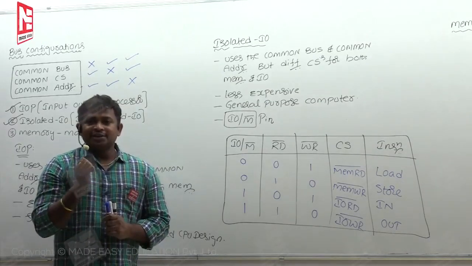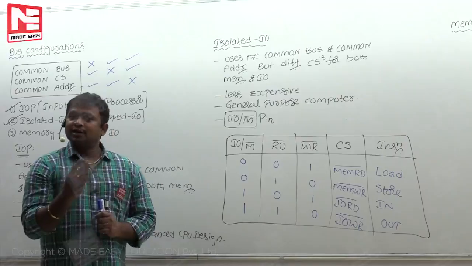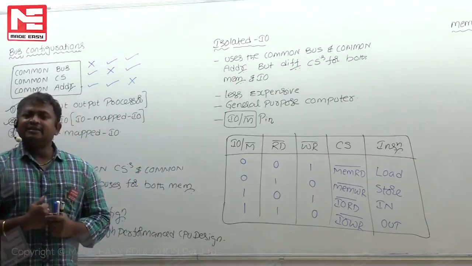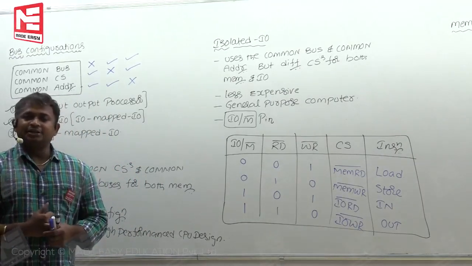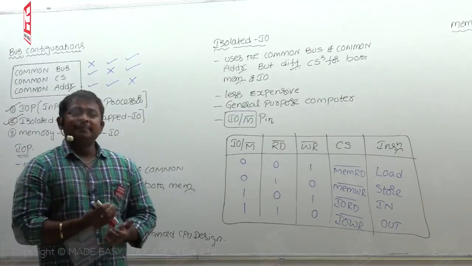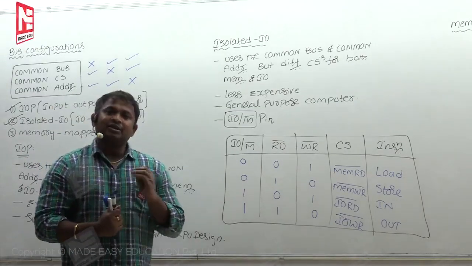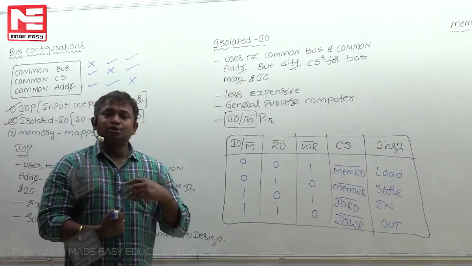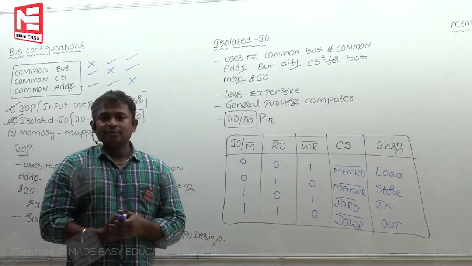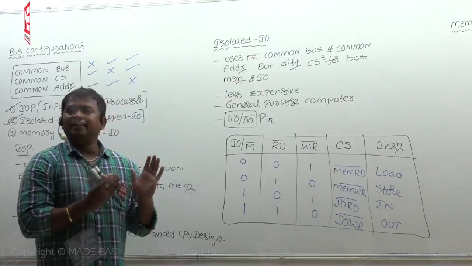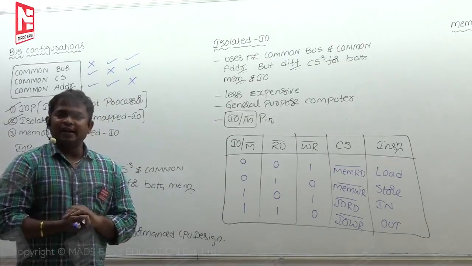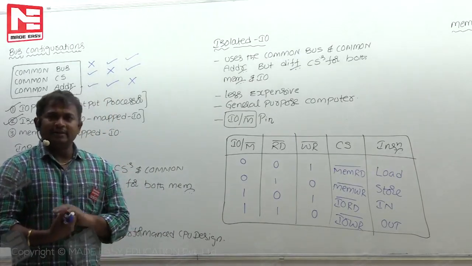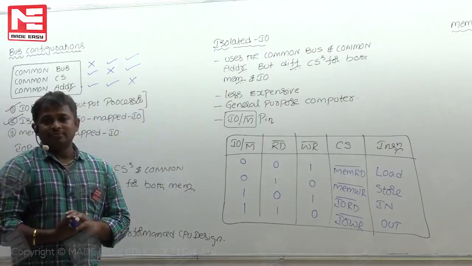So when we are sharing memory addresses to the IO, there is a disadvantage, that means a limitation. The limitation is that the complete main memory space is not in use, because some of the main memory addresses are used for the IO. Which main memory addresses are used for the IO is decided by the designer of the system.